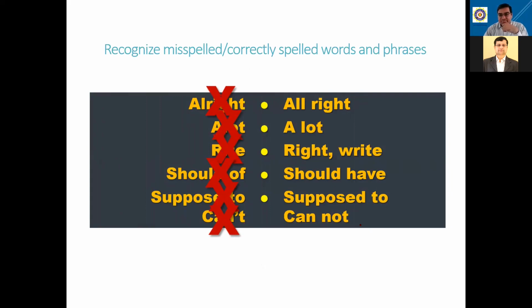Write, write. Should of, should have. Supposed to. Even can't is not permissible. Cannot, may not, should not. Got it?